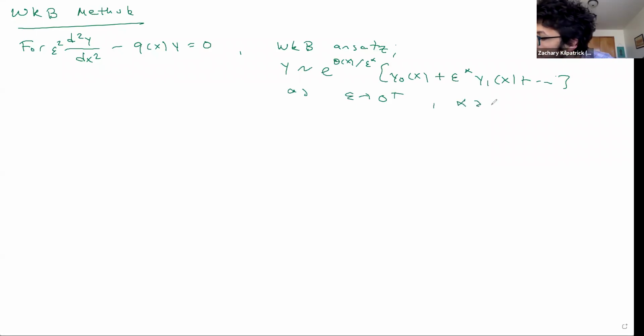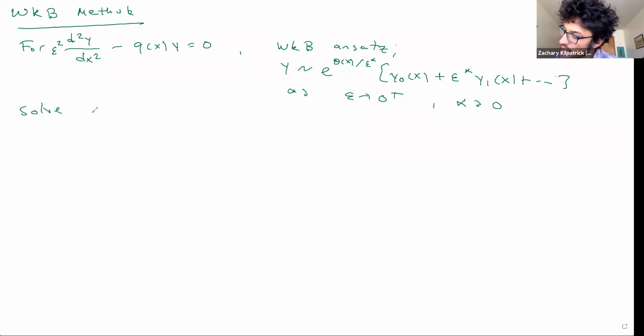And alpha is going to be some positive power. Typically, you're going to generate some hierarchy of equations that's going to be solvable.